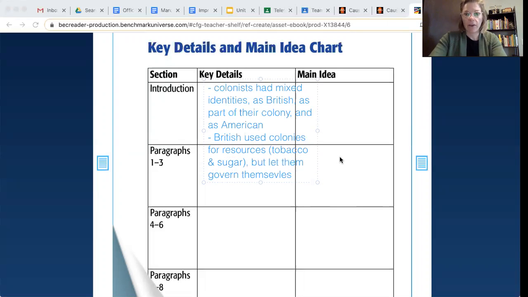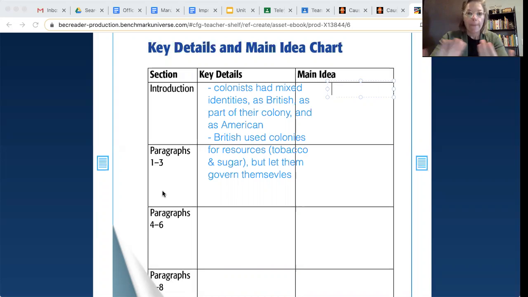Britain wasn't very involved. But then something changed. And that's what you're going to read about. So you can pause this if you want to copy this down. I'm going to keep going. Oh, wait, first I'm going to write this as a main idea. Then something changed, which is what we're going to learn about in anger builds.